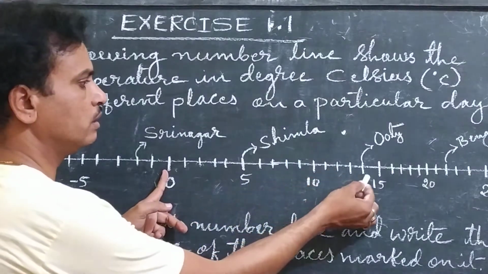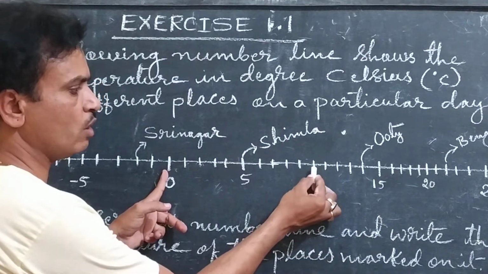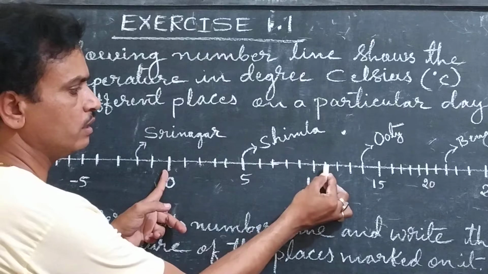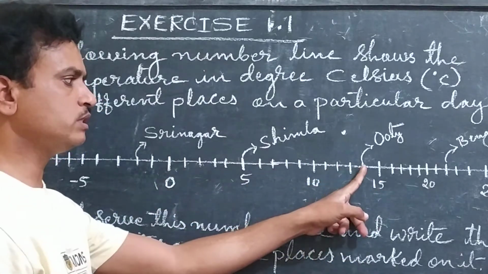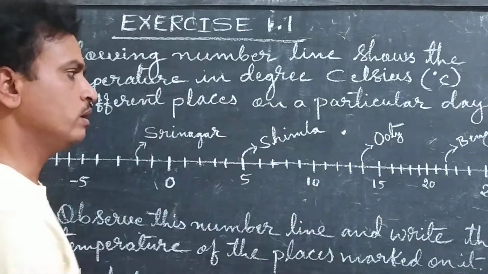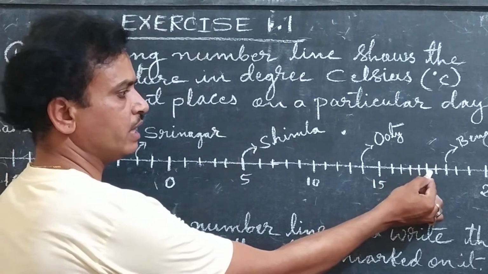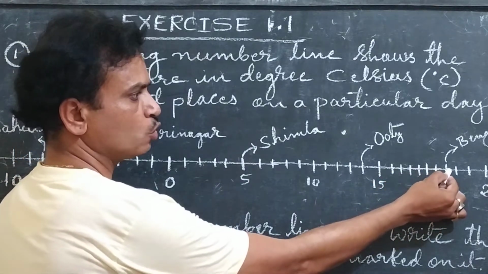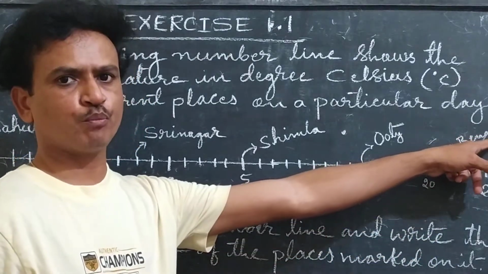Then the point between 10 and 15: after 10 we count 10, 11, 12, 13, 14. That means the 14th point is Ooty. Then 15, 16, 17, 18, 19, 20, 21, 22. The 22nd point is Bengaluru.